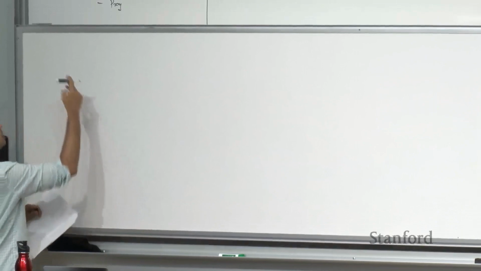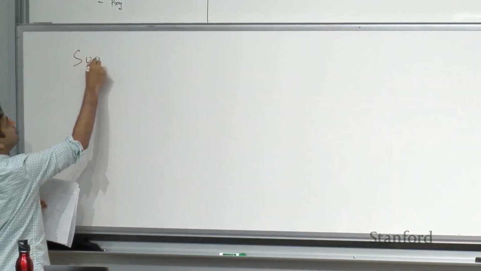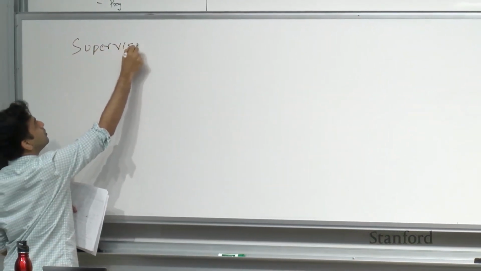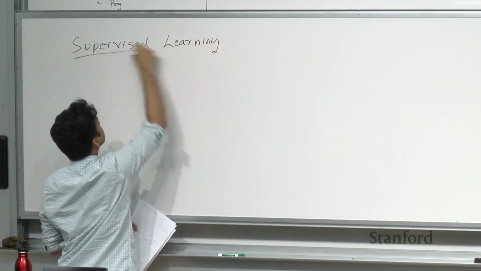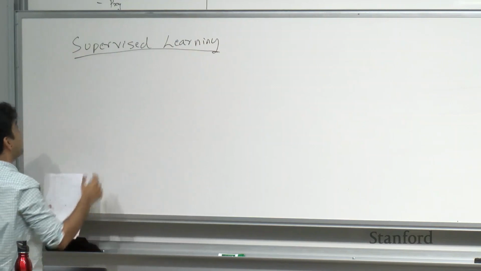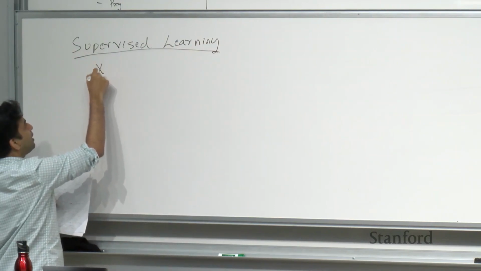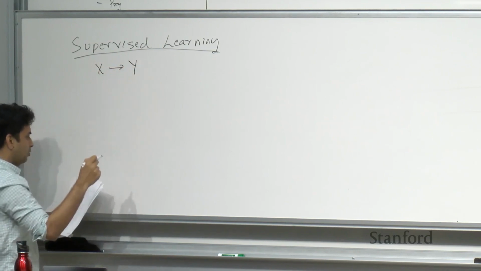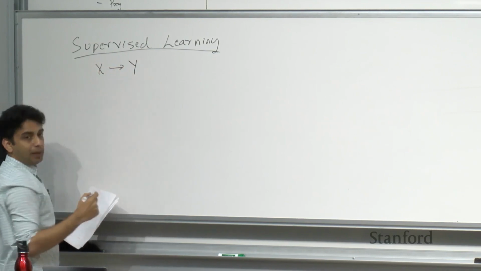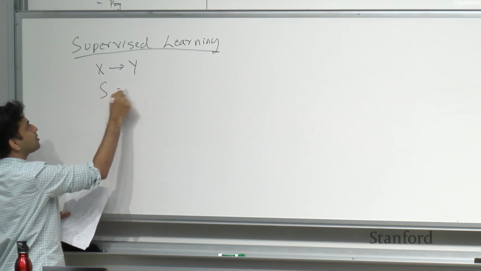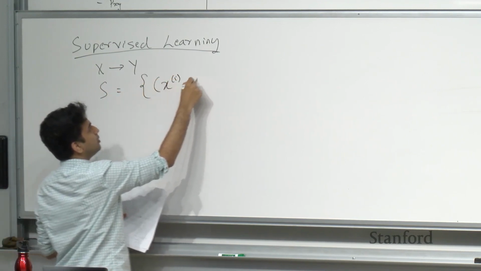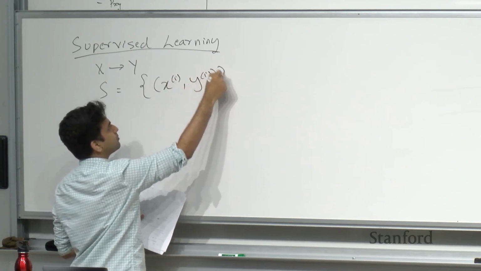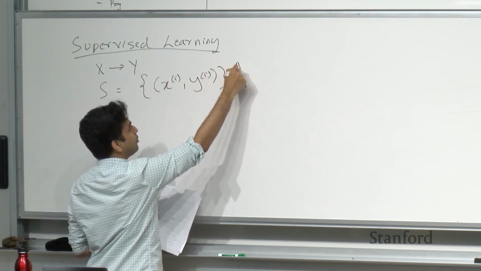So in supervised learning, our goal is to learn a mapping from X to Y. And in order to learn this mapping, we have provided a training set S, and that training set is basically pairs of X, Y examples, i equals 1 to n.